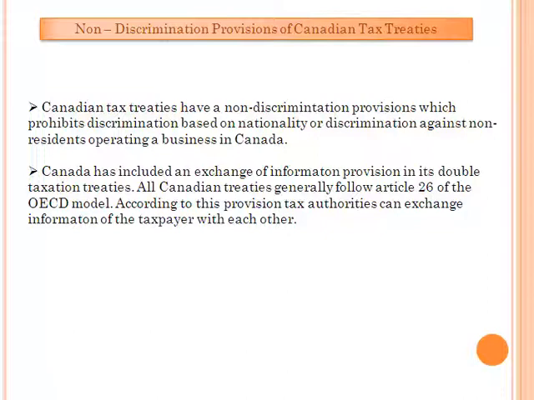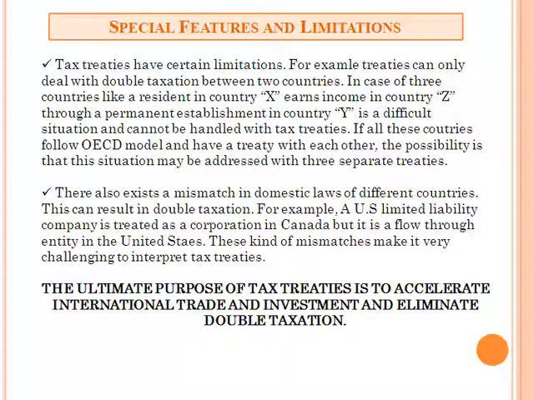Canadian tax treaties have a non-discrimination provision which prohibits discrimination based on nationality or discrimination against non-residents operating a business in Canada. Canada has included an exchange of information provision in its double taxation treaties. All Canadian treaties generally follow Article 26 of the OECD model. According to this provision, tax authorities can exchange information of the taxpayer with each other.